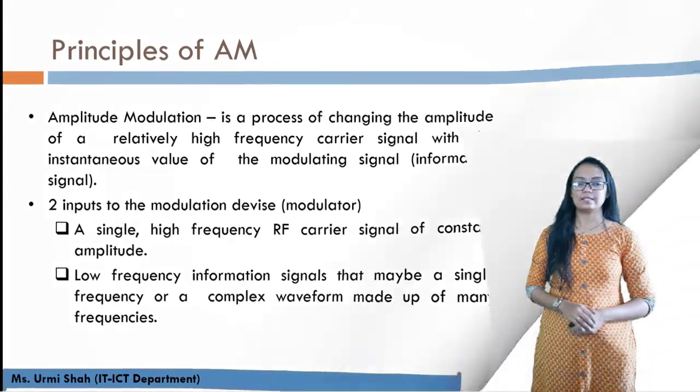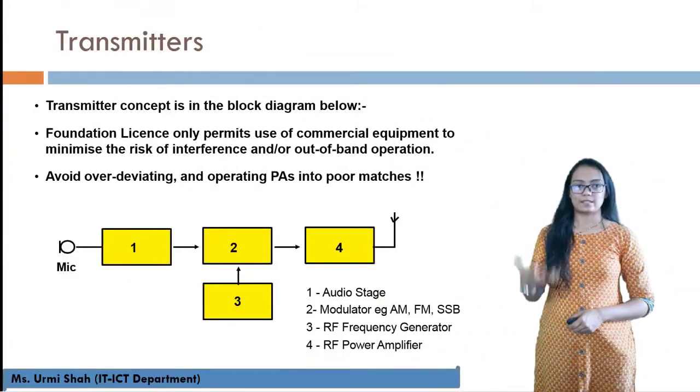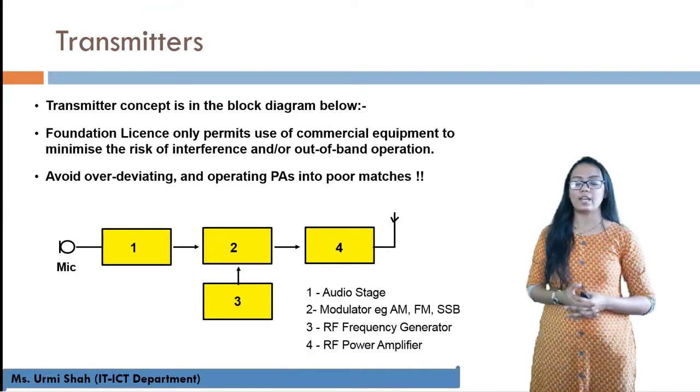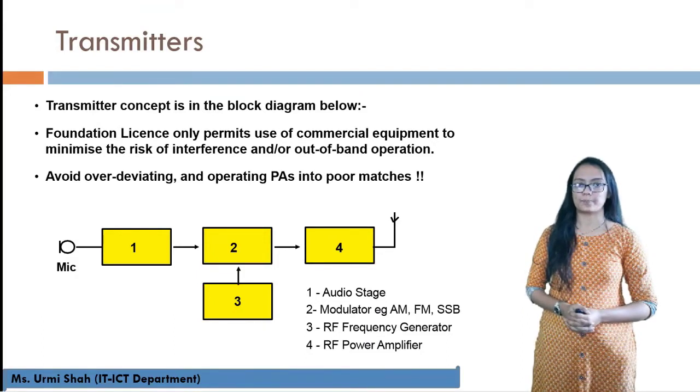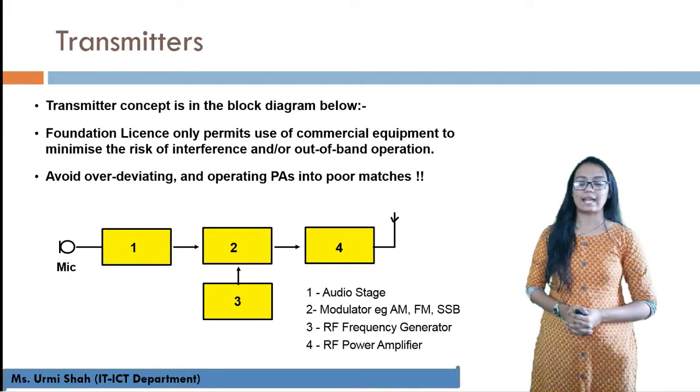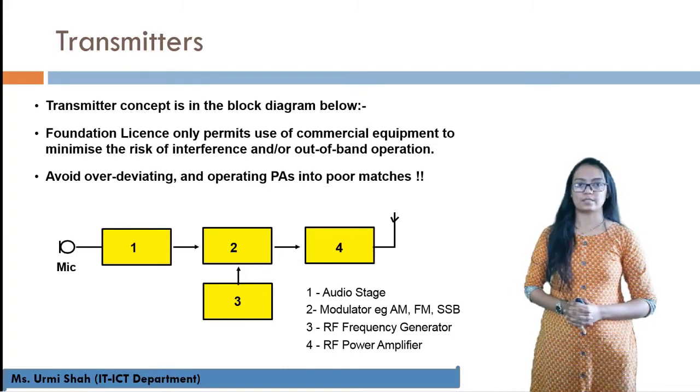Now we will be seeing the transmitter section. What is a transmitter made up of in amplitude modulation? So basically, you can see the transmitter concept here in form of block diagram. The foundation or the licensing of this transmitter is based on the commercial equipment available to all of us.